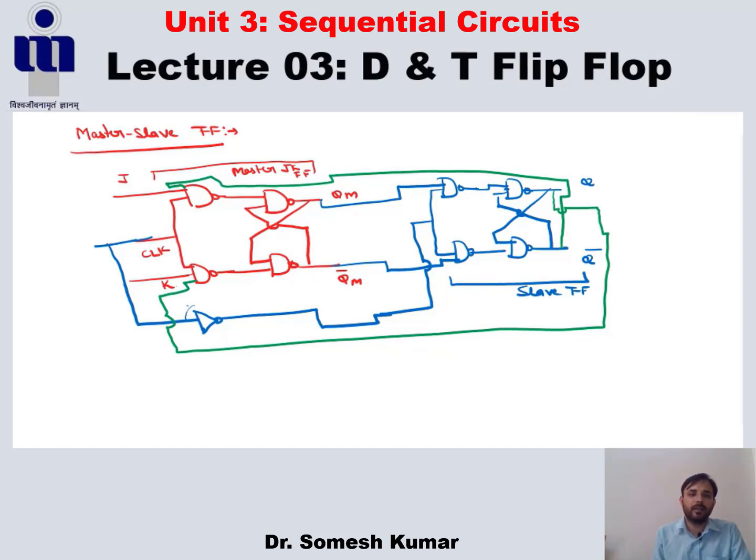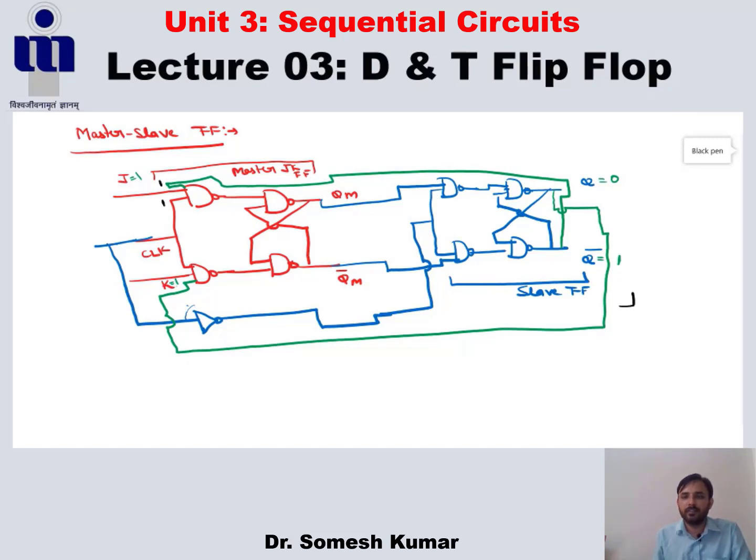So what happens here? If J equal to 1, K equal to 1, and suppose I am assuming Q equal to 0 and Q bar equal to 1. Then this 1 is fed back here, and this clock is also 1.